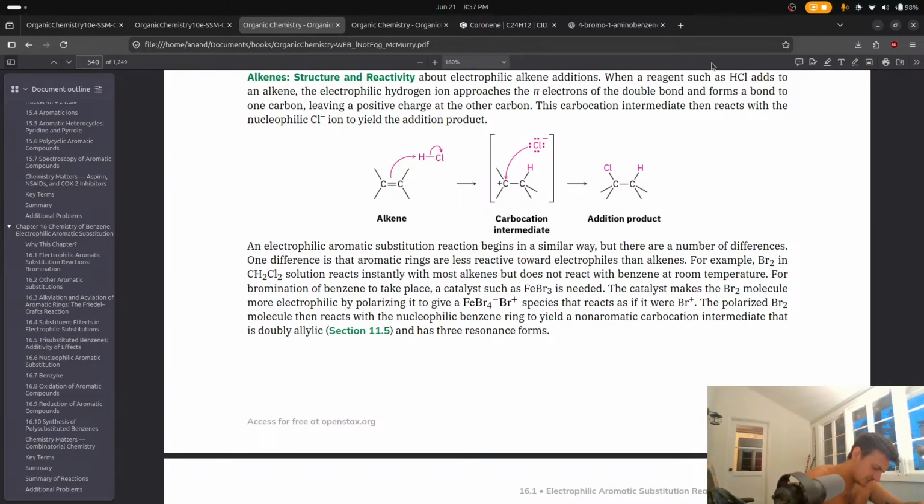there's a catalyst, FeBr3, that works with Br2 to form an FeBr4 minus Br plus intermediate.